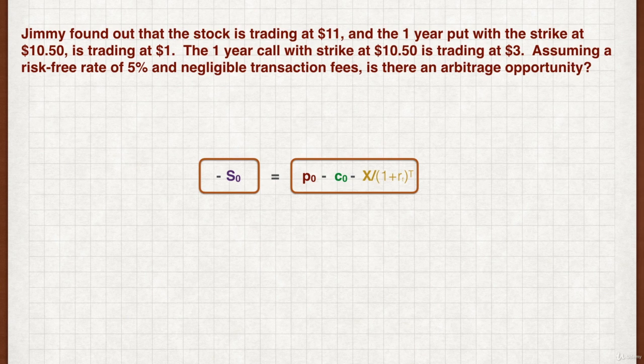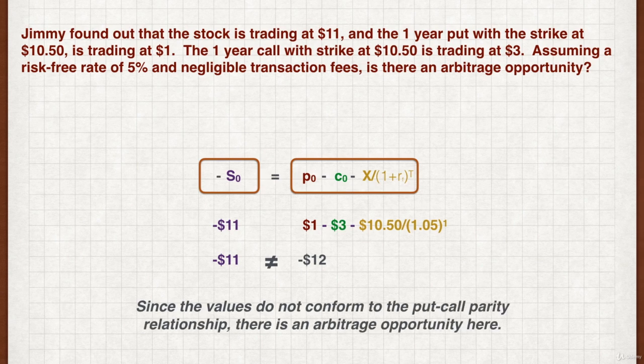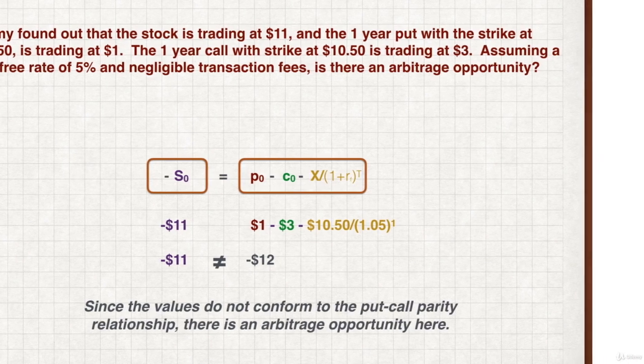Let's plug in the figures to see if the put-call parity relationship holds. The left-hand side is minus $11, while the right-hand side is minus $12. This is a violation of the put-call parity, and therefore there is an arbitrage opportunity here.